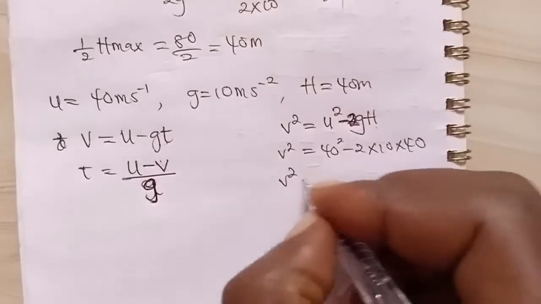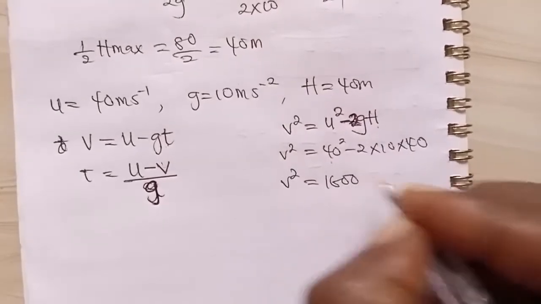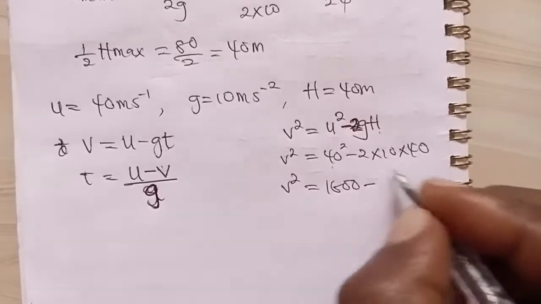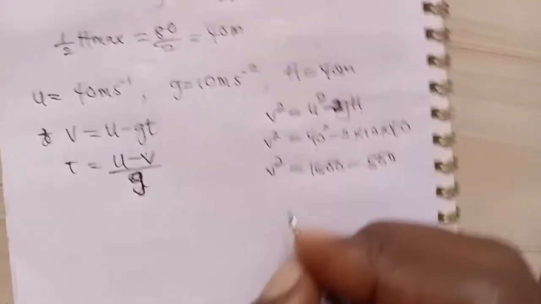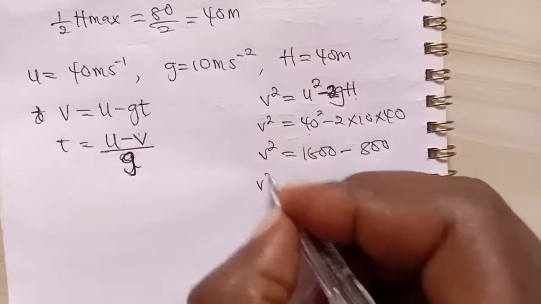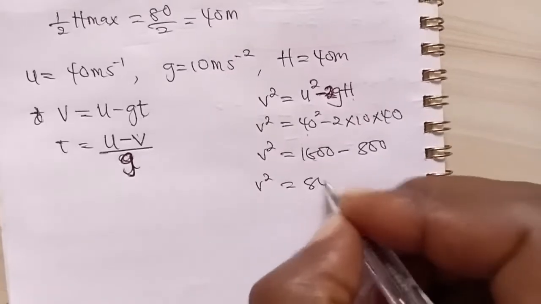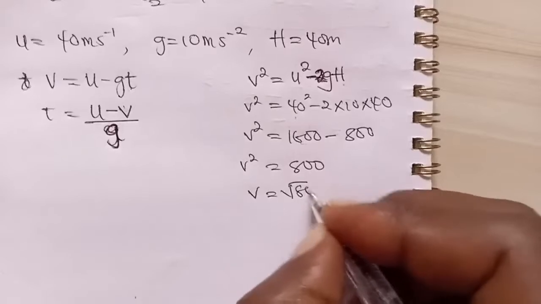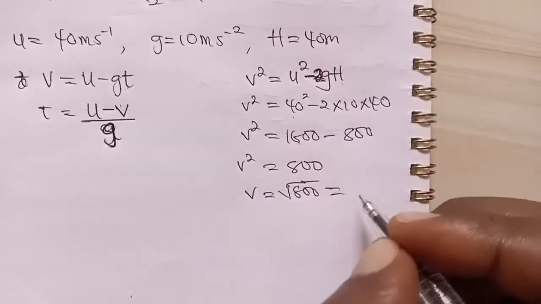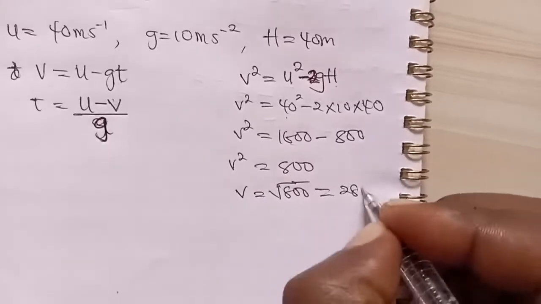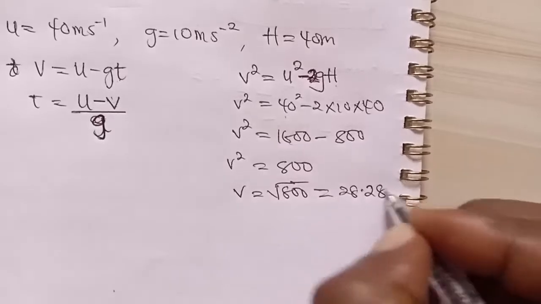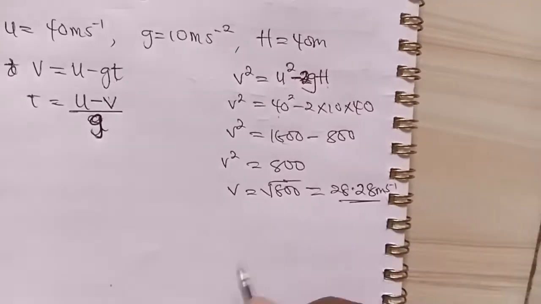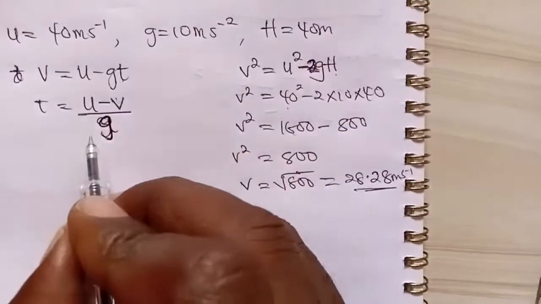So v squared is equal to 1600 minus 800, so we have that v squared is 800, and v alone is root 800, which should give us about 28.28 meters per second.